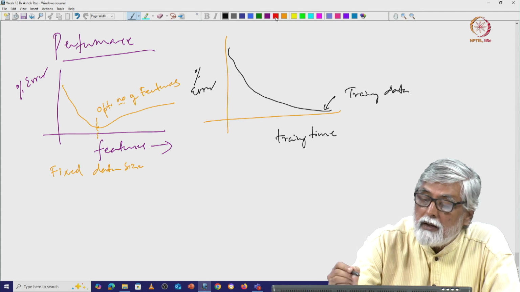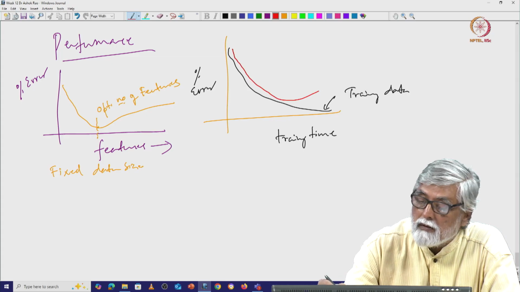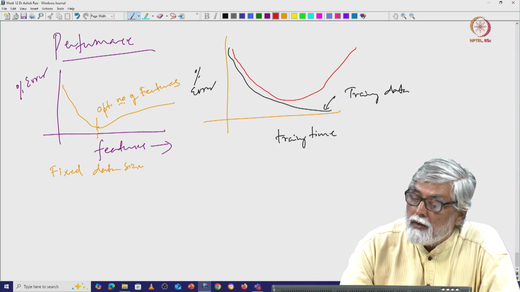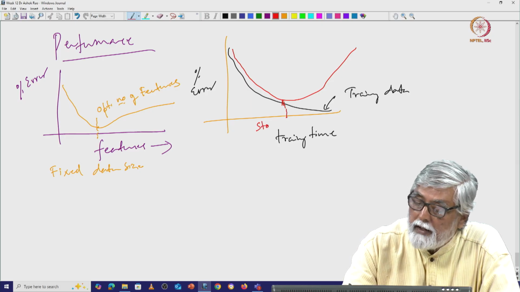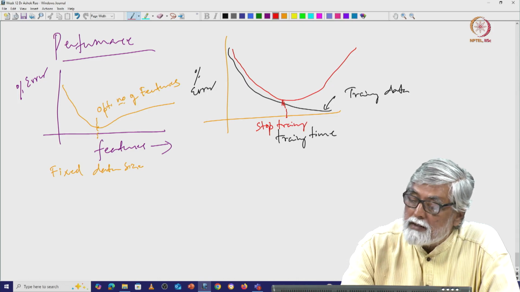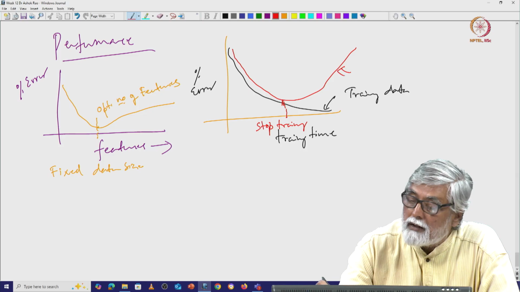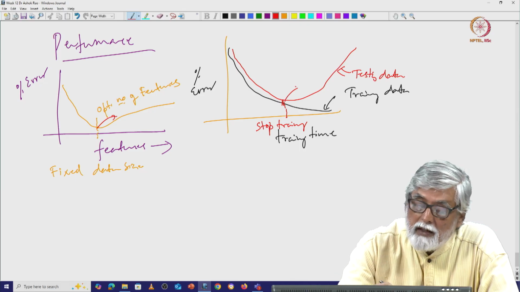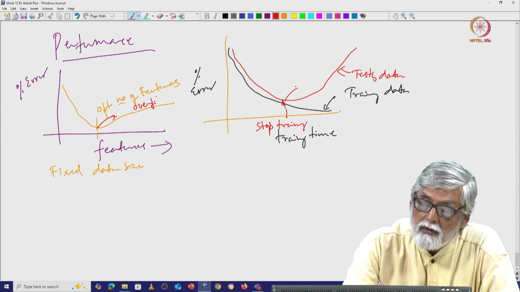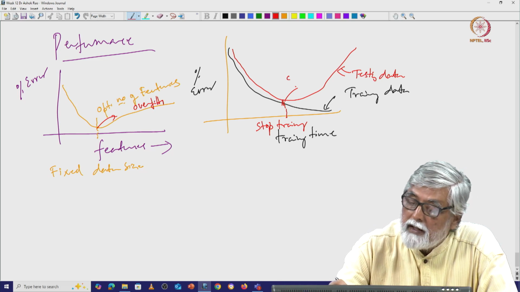But the same thing on test data starts looking like this. This is the point where you must stop training. So, what works well on training data need not work well on testing data. This is the portion corresponding to things like this, here overfitting happens, here excess training.